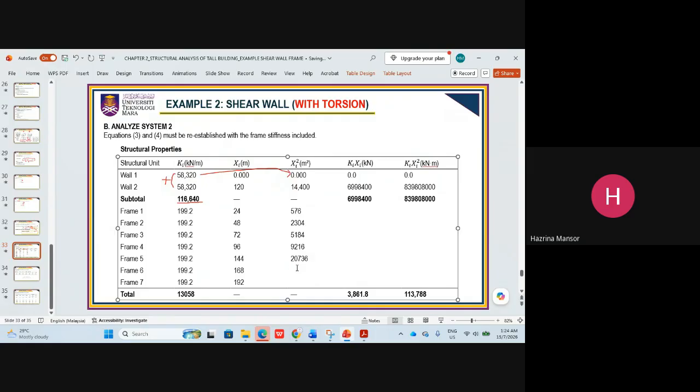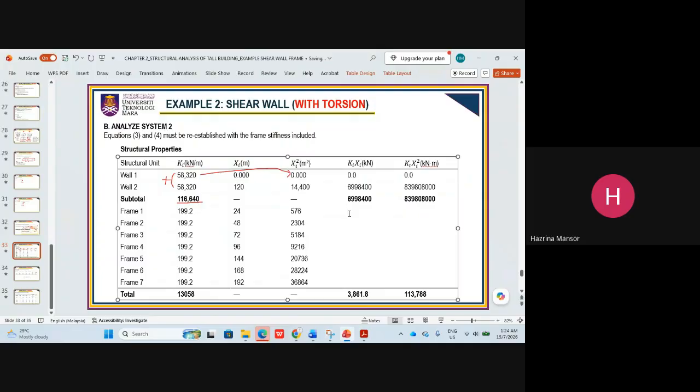And then 168 squared is 28224. And then you have 192 squared is 36864. Okay, and then again your ki multiplied with xi, so you have the ki.